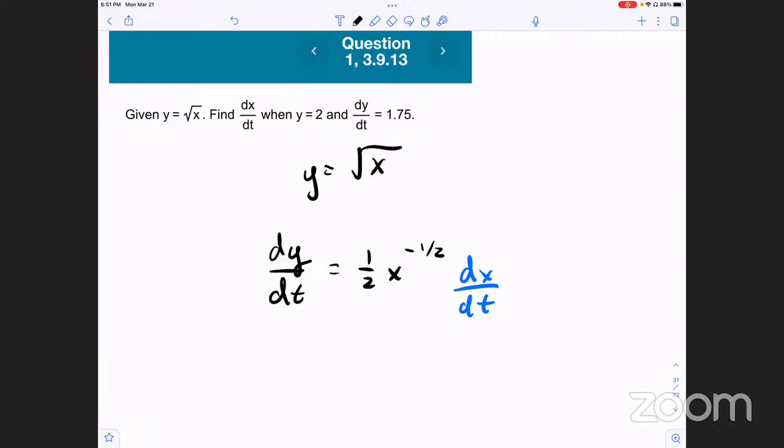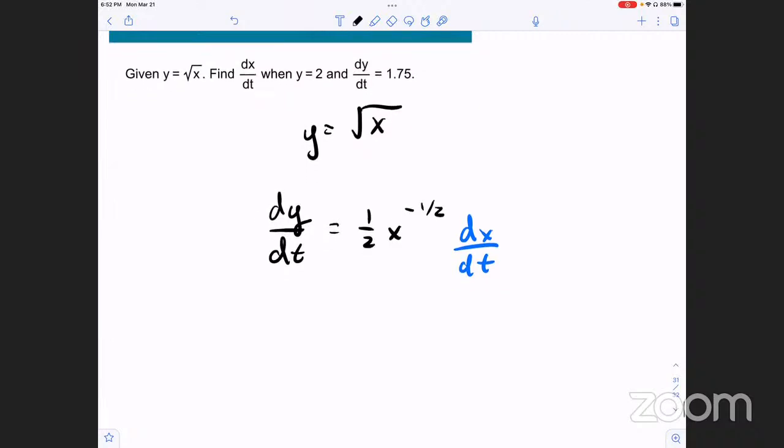We might be able to solve for x, because they give us dy/dt and they give us y. I think we can solve for x and then use that x here, right? I'm not 100% sure, but I have a hunch.